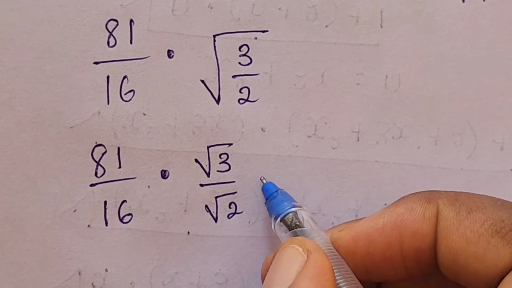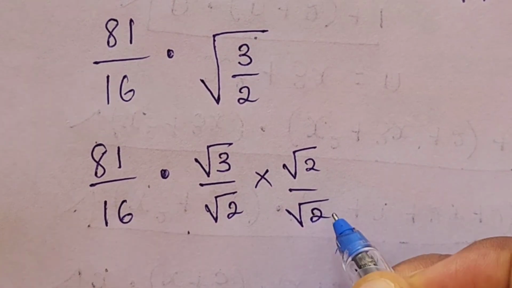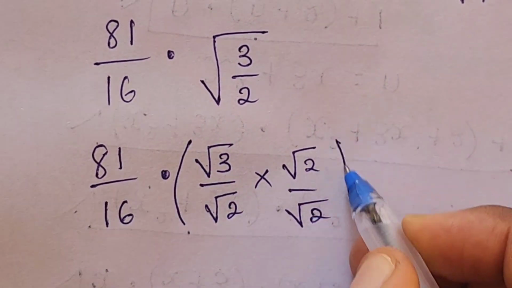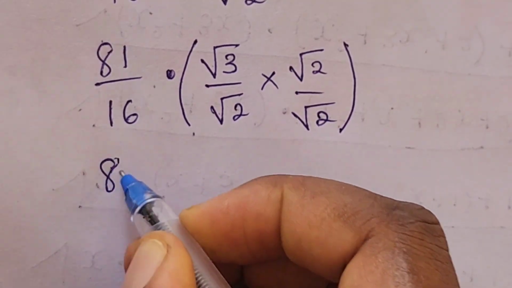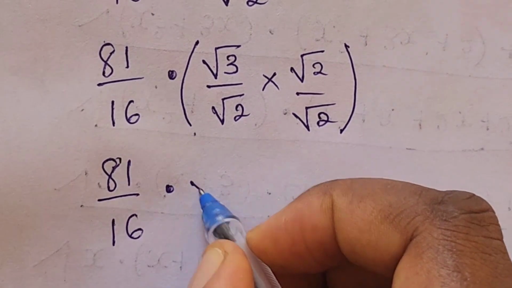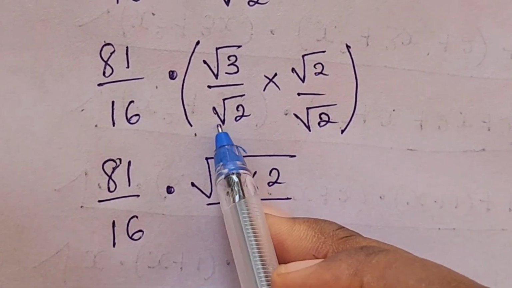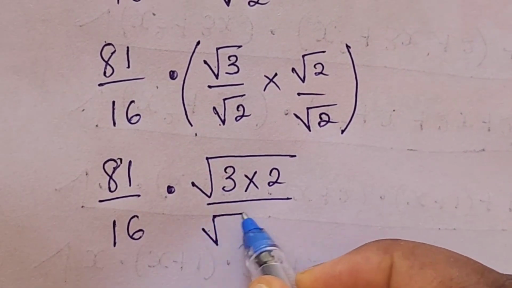So rationalizing, we have times root 2 over root 2. So this will give us 81 over 16 times, we have root 3 times 2 over root 2 times 2.